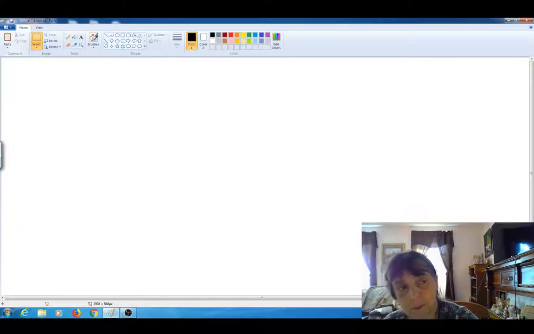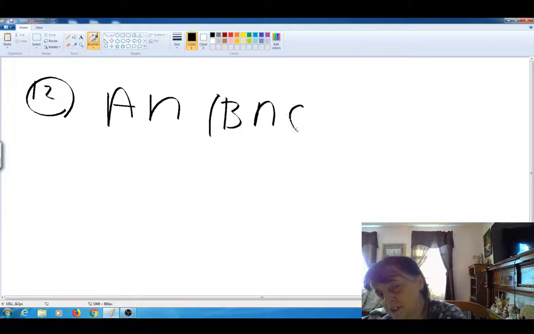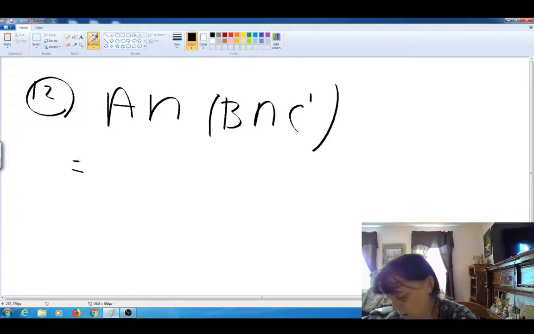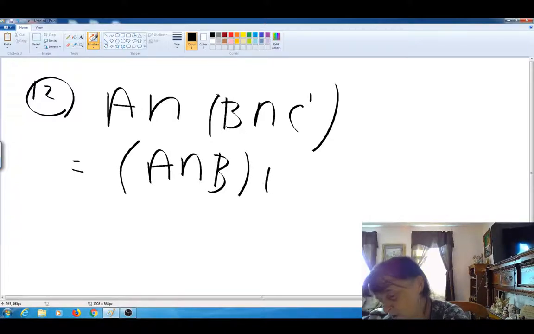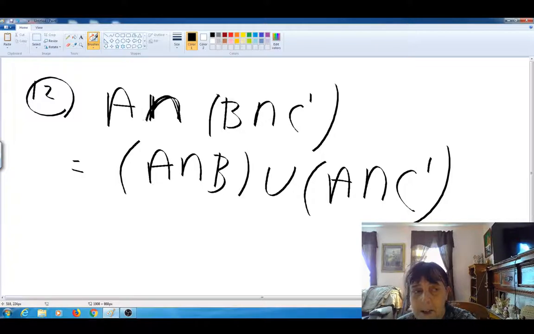Okay, the next problem is number 12. Does A intersect B intersect C prime equal A intersect B union A intersect C prime? This symbol right here is intersect.